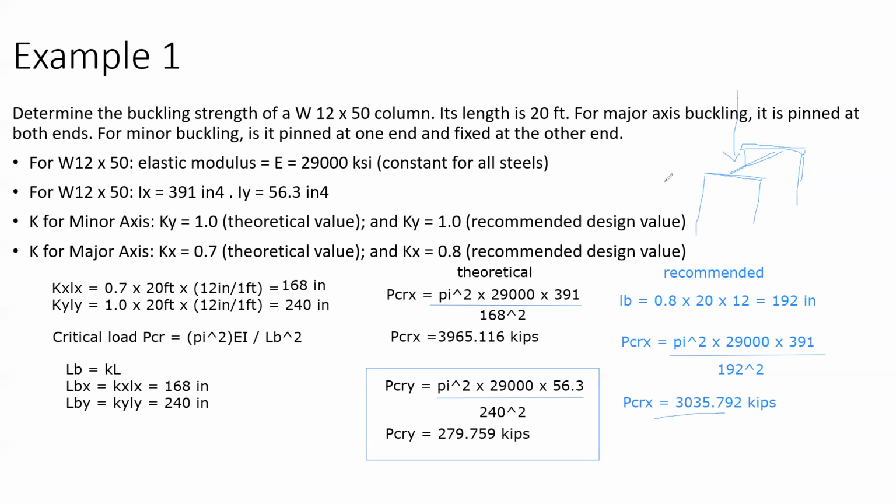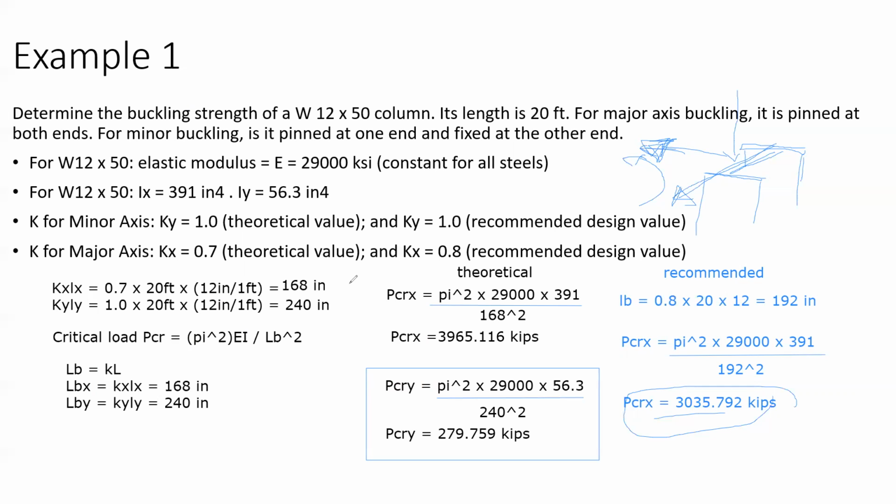Pero ang mangyayari, tutumba siya, 200 pa lang, tutumba na siya along the Y. So tutumba siya pag ganito, never na pag ganito. Kasi kailangan mo umabot ng 3,000 para mag-fold siya this way. Pero kailangan mo lang ng 200 para mag-fold siya papunta dito sa side na to.